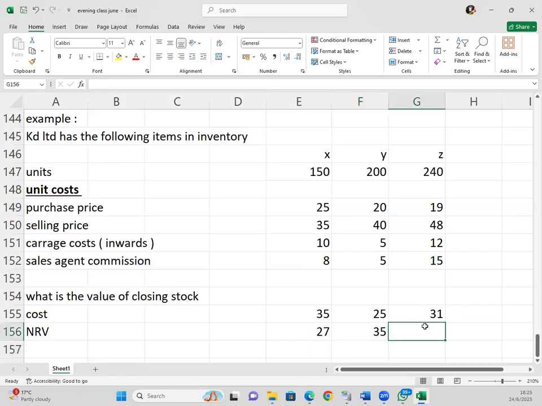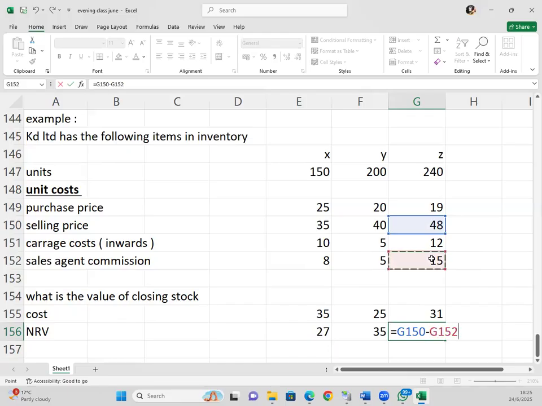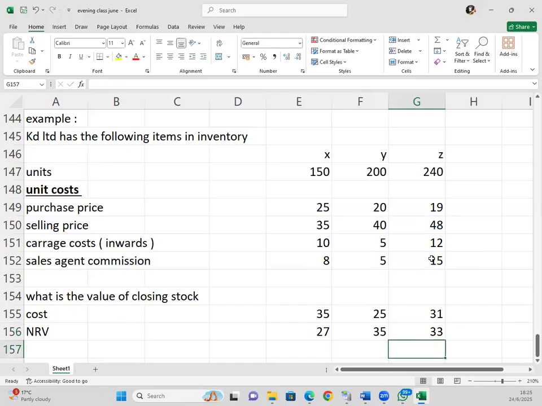For the last one, the selling price is 48, minus the selling cost, which is 15. So we get our net realizable value. Remember, the net realizable value is the selling price less any selling cost.